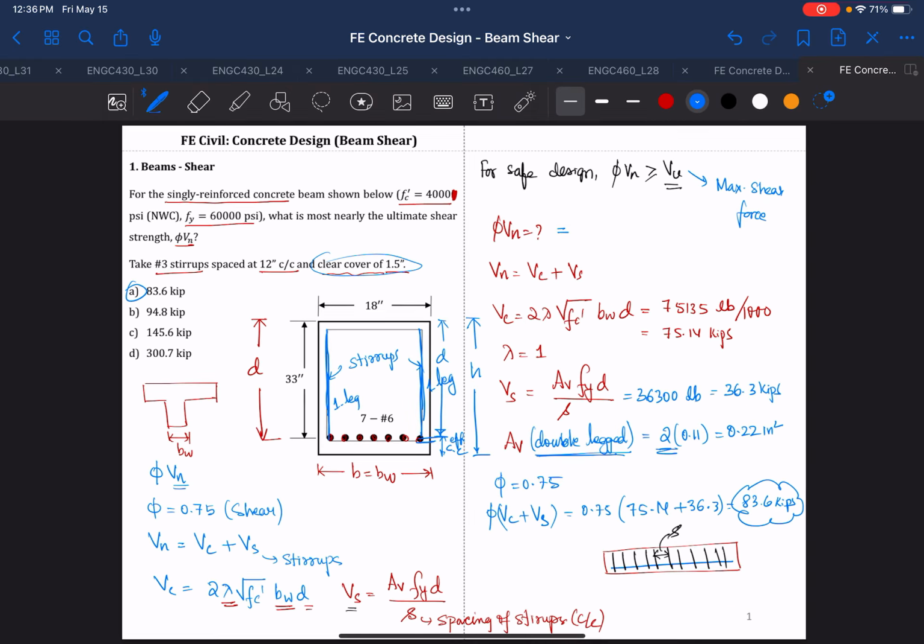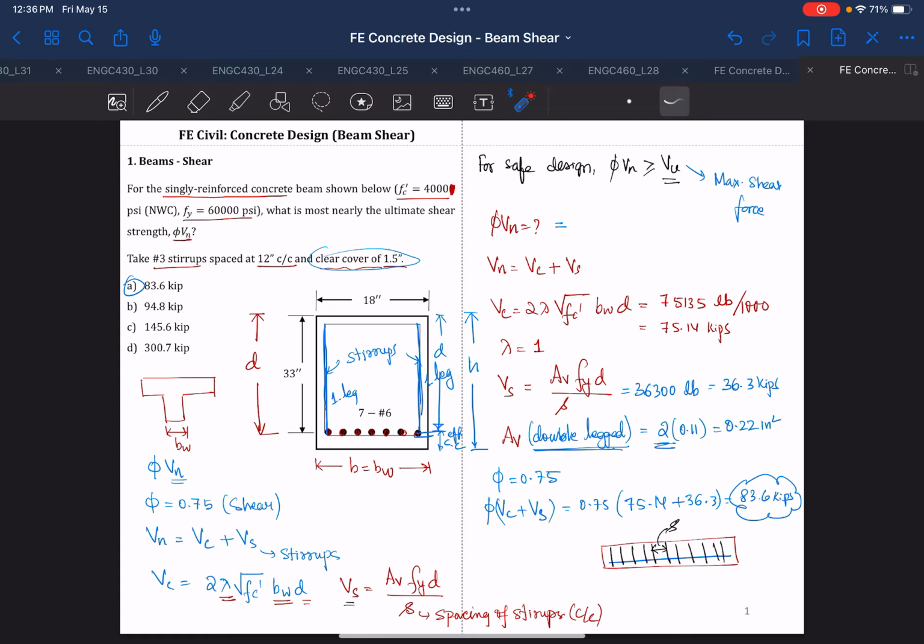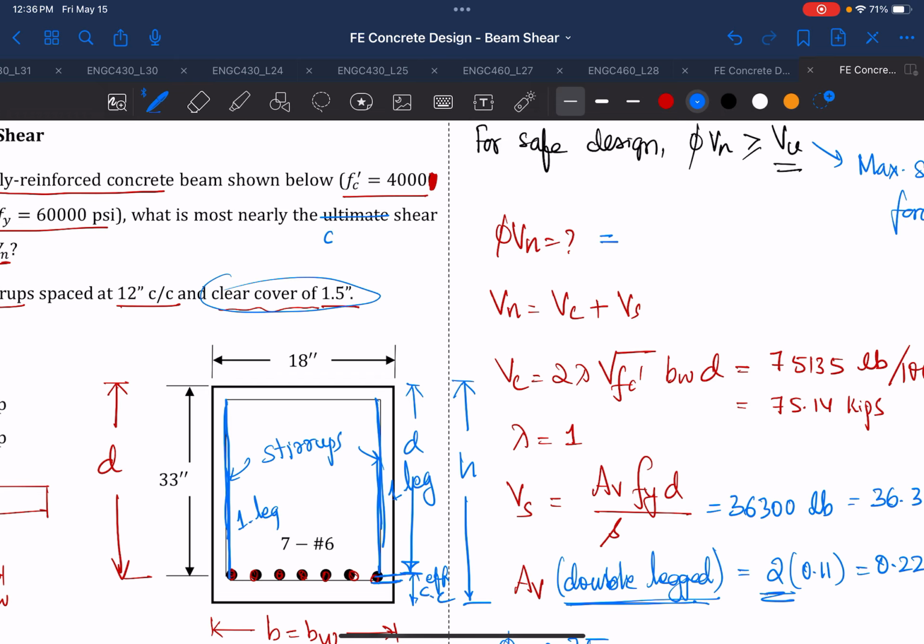Okay, so let's see, how did we start? We wanted to find the ultimate shear strength, or the design strength. Actually, this should be design, it should not be ultimate. This should be your design strength, otherwise you'll confuse it with nominal shear strength.